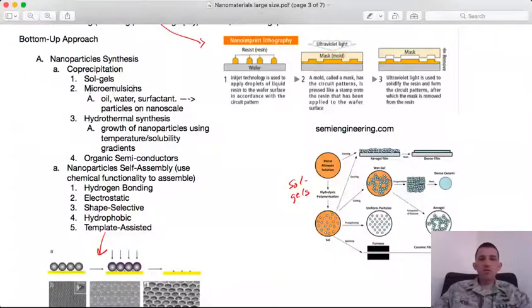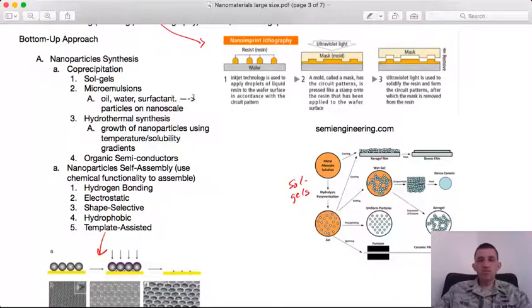Next, you'd have microemulsions. So an emulsion, even from cooking or something, is a mixture of oil and water. The difference between just a regular emulsion and a microemulsion is that the particles of oil and water, and the interface between those oil and water, is a surfactant.